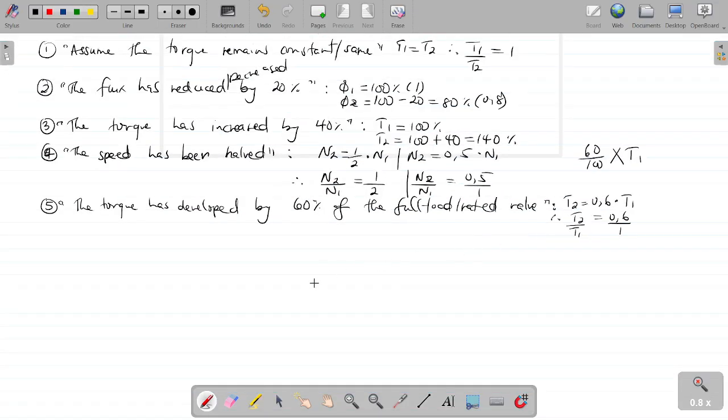And then what else? They can tell you something like, I did not want to add this one, but let's add it.